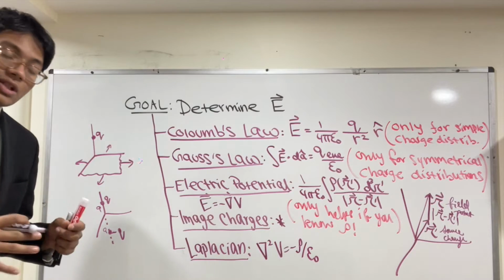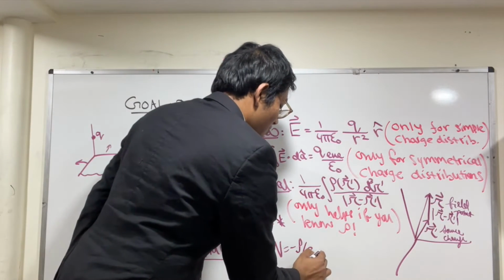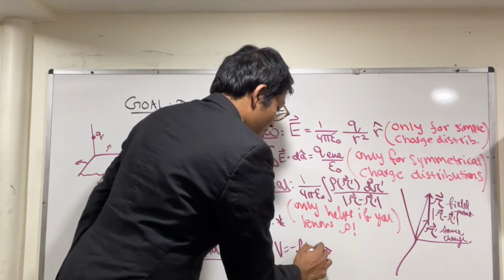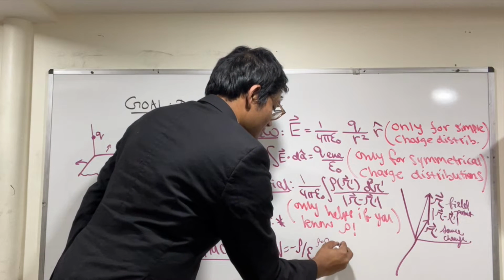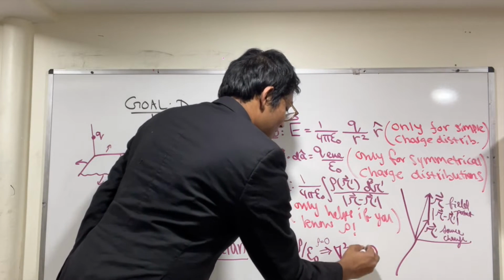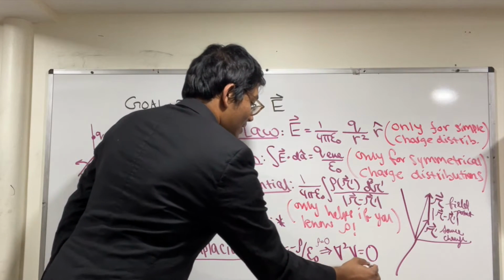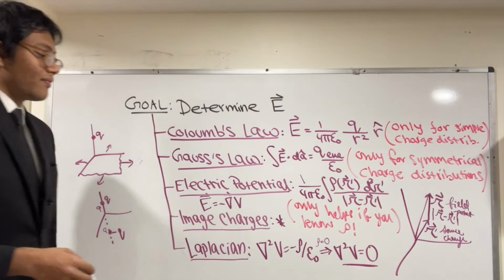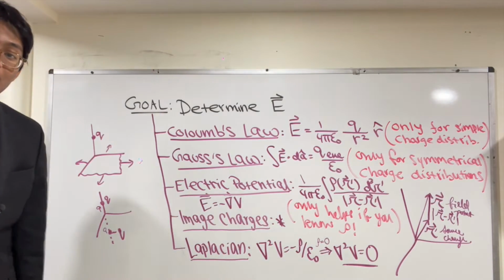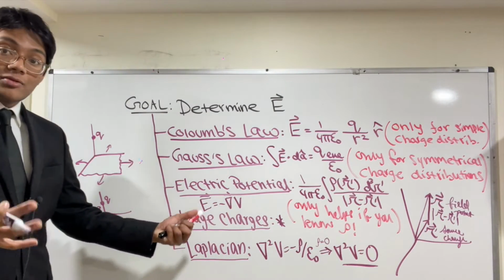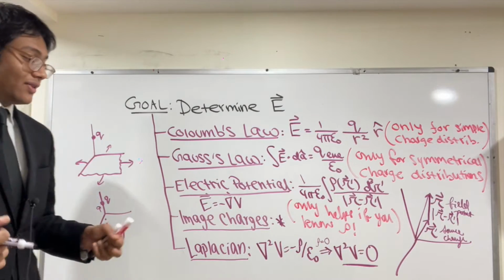Now, if the volume charge density in a region is 0, so if rho is 0, then we end up with Laplace's equation, which has this second order PDE equaling 0. Okay, and so we're going to solve this equation for V, and we're going to come up with something, and you'll see how awesome it is.